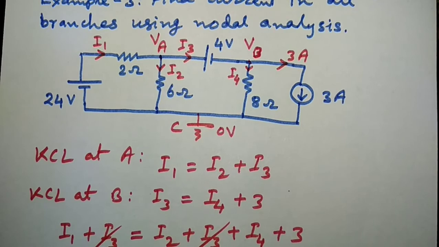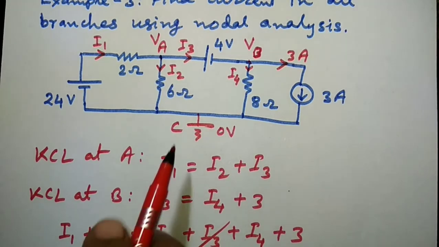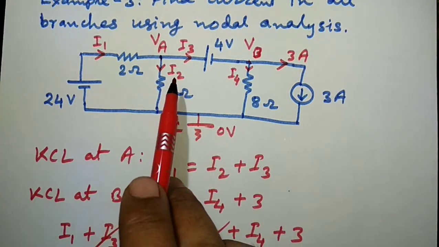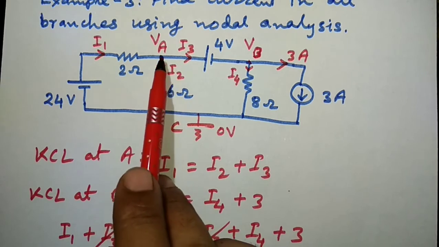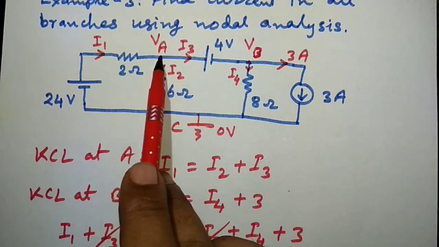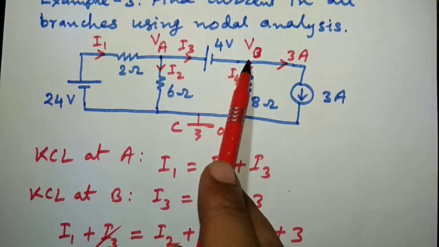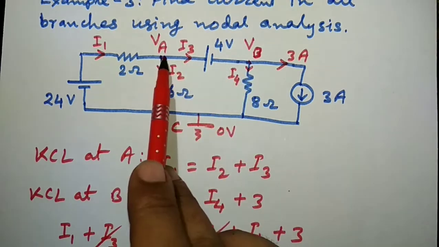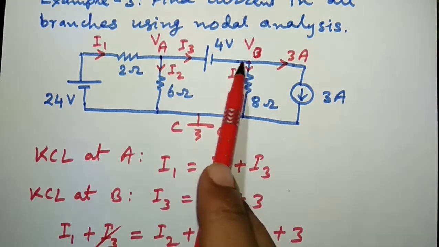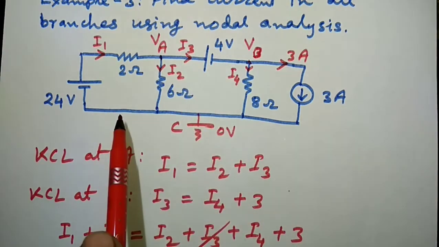Now see the circuit. As I have already mentioned, it is the example of the super node, where junction A of potential VA and junction B of potential VB, and the potential difference between these two junctions will be equal to this voltage source.